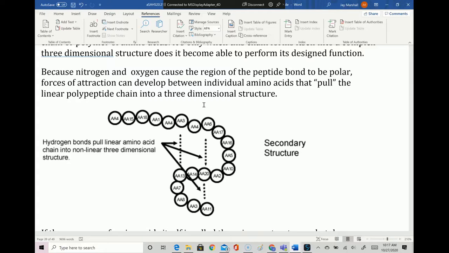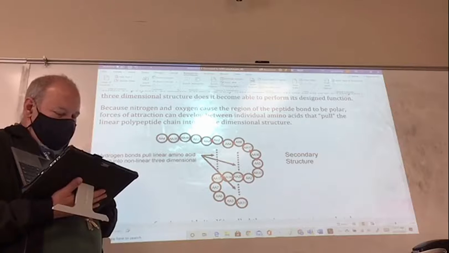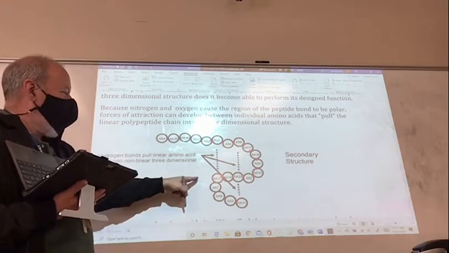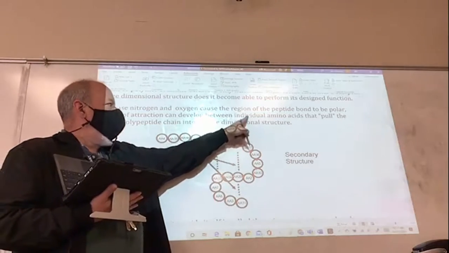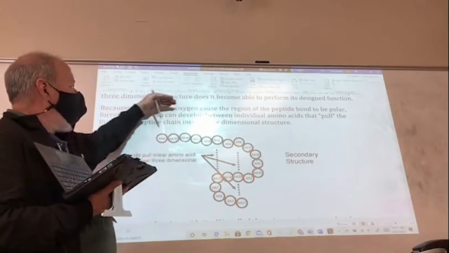But in proteins, the regions between the amino acids, their linkages, are very polar, and they can attract other areas of the amino acids that are also polar. And that's the second reason for these amino acids having nitrogen and oxygen.